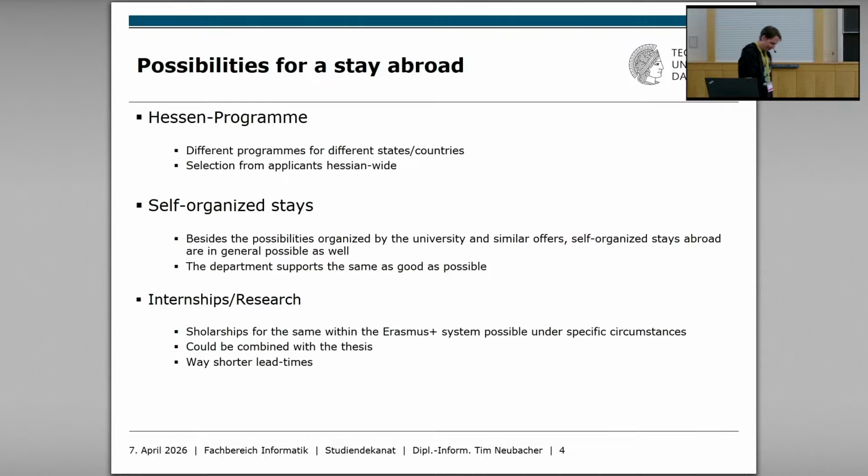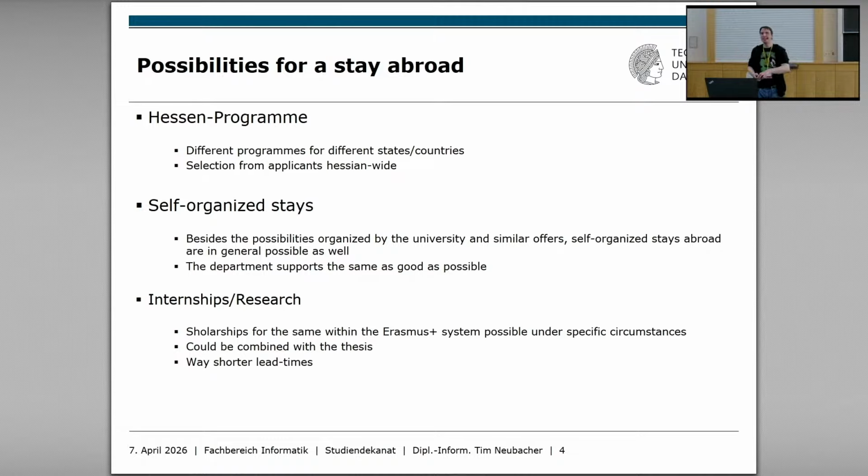Okay, so 2 questions. If I'm going on a self-organized stay, do I still have to wait the 1 year? Depends on the application process of the university. Sometimes, in Southeastern Asia, for example, Japan, South Korea, Taiwan, North America, you usually have just 1 application period for an academic year.